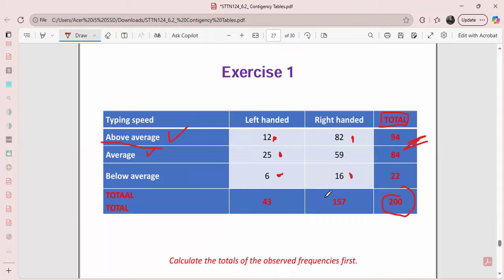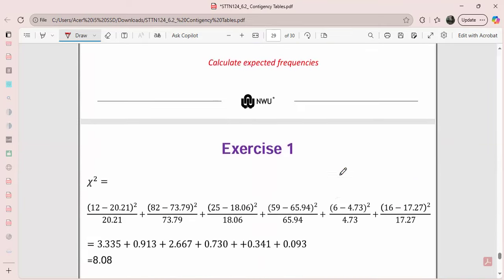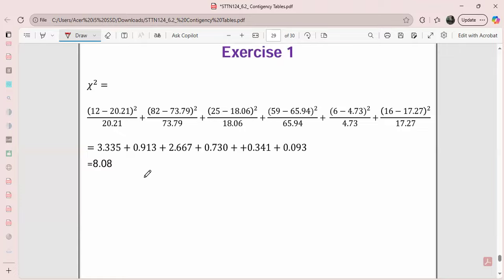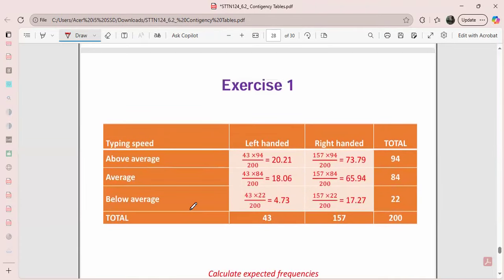You are done. 157 multiplied by 84 divided by 200, it means I'm getting the expected frequency for this one. You see, just like that. And then you also get the expected frequencies. You're going to use them to calculate the test statistic. And then, just try this one and see if you can get the test statistic value.